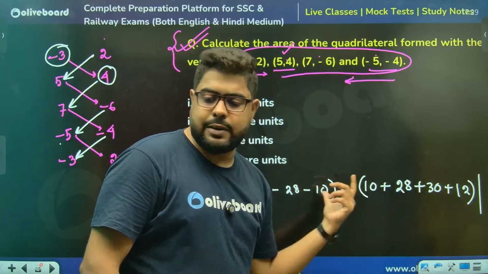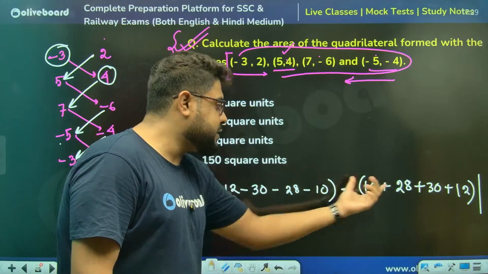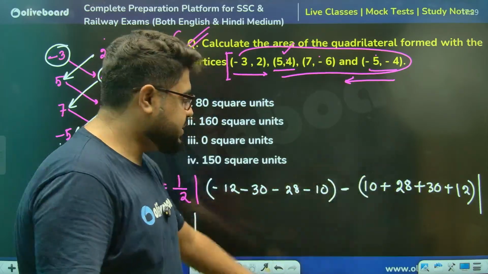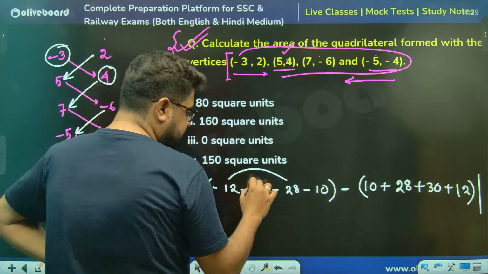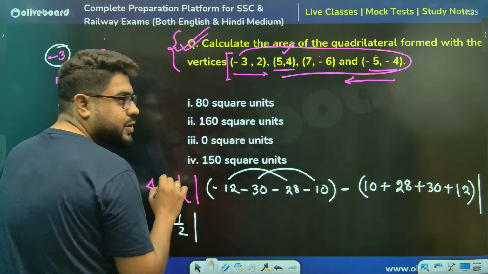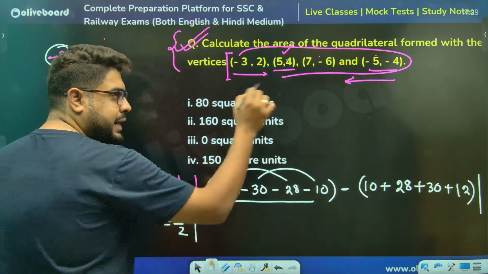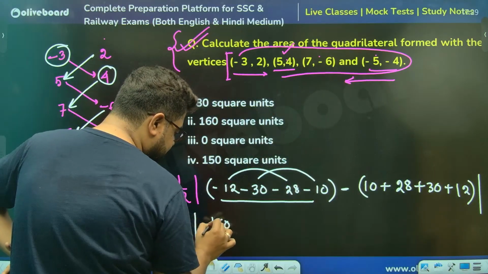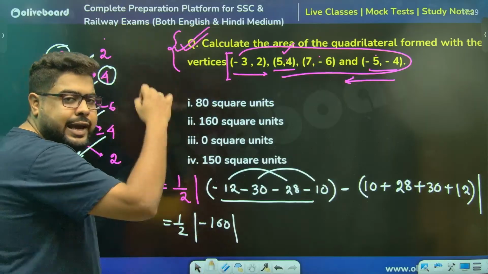So it's kind of double. I'll just calculate one and multiply by 2 because it is twice. Both are minus. So 12 and 28, so 40, and this is also 40, so 80. So 80 in this bracket and 80 in this bracket, so 160 along with a negative sign, but don't worry about negative because this modulus will take care of that.